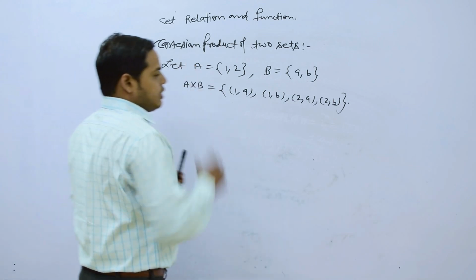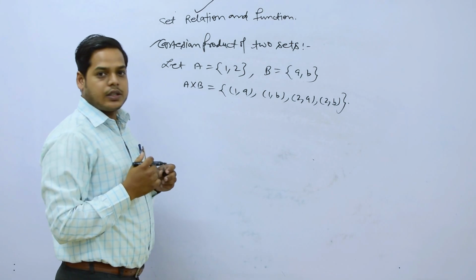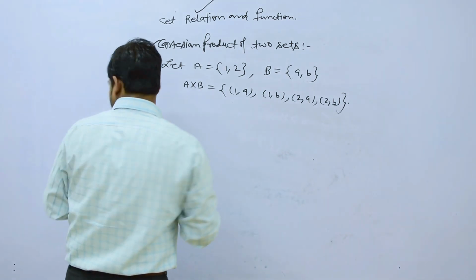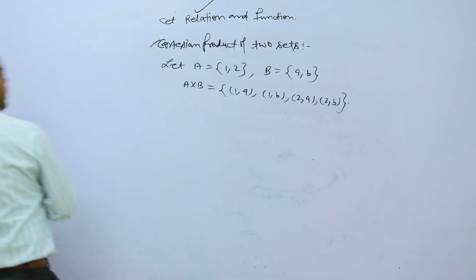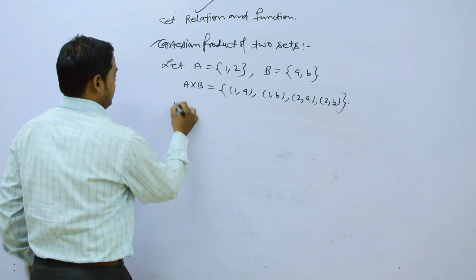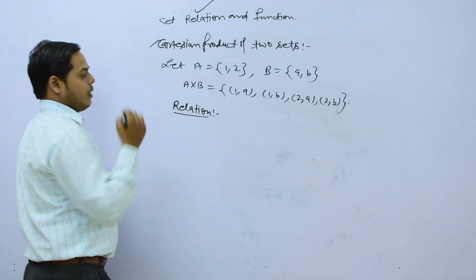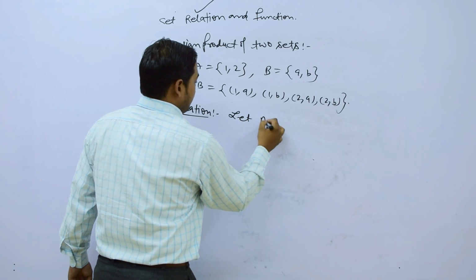With the help of Cartesian product, we are able to define the term relation. Relation is very important in mathematics. Now we define relation with the help of Cartesian product. Let A and B be two sets.